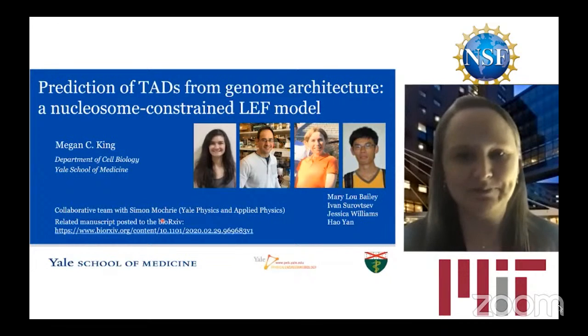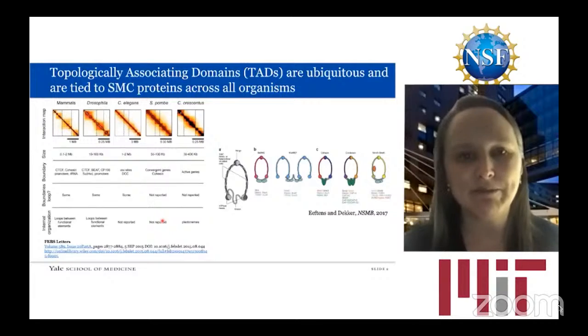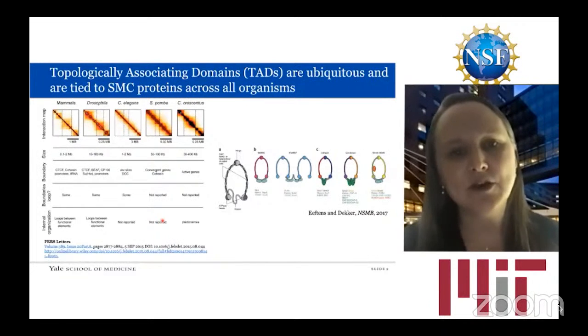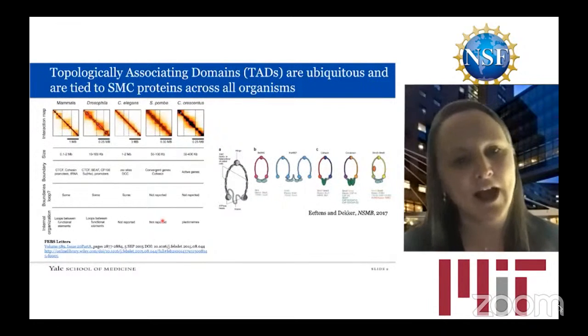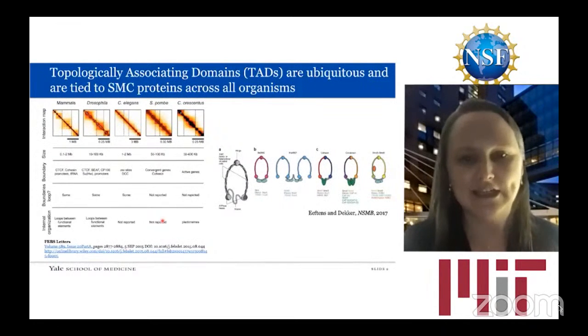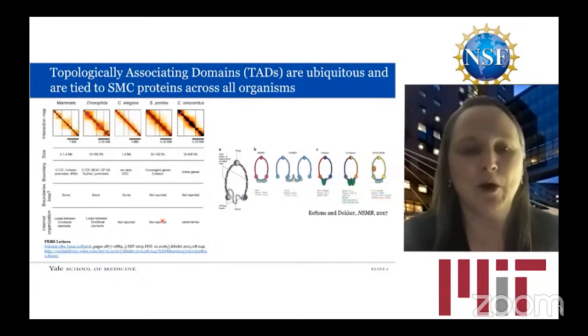And so I want to start by introducing everybody to the concept of TADs, or topologically associating domains. TADs over the past 10 years have become really foundational in our understanding of the mesoscale of chromatin organization, and TADs are seen across all organisms. So what are TADs?